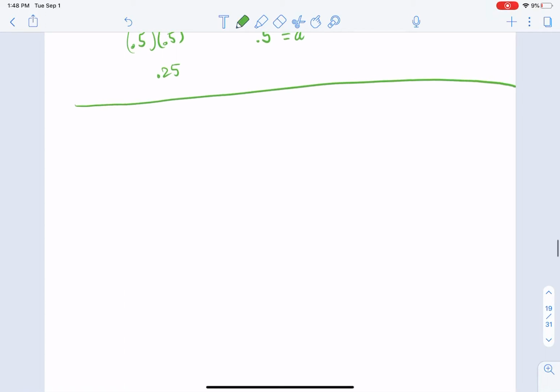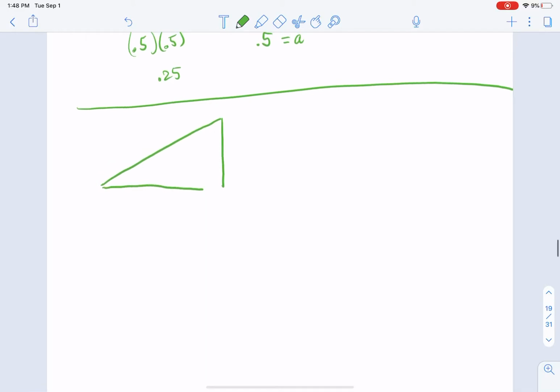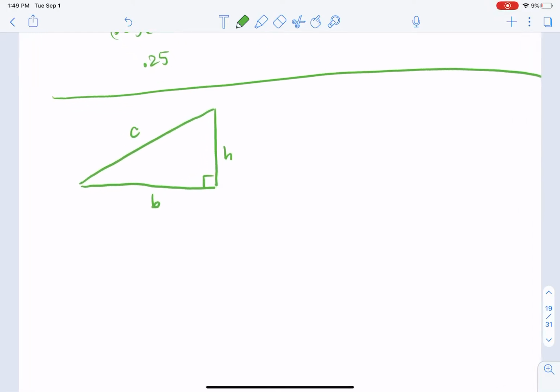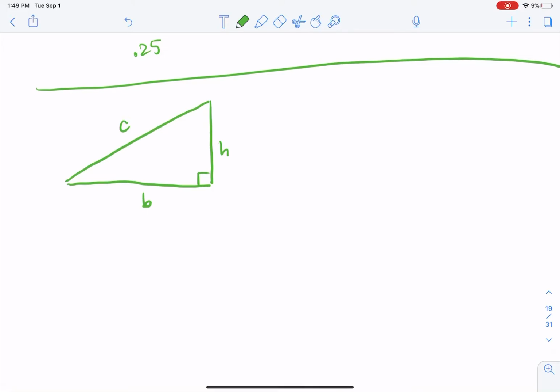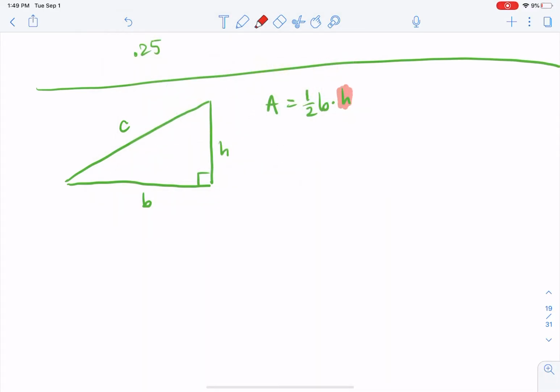Look at that lovely straight line that I've got going on. Okay, so I'm going to redraw my right triangle with my pieces labeled. We said that this is our base, this is our height, and of course this is our hypotenuse for that side. Okay, and I'm working with 1/2 base times height, but I want to get rid of H.